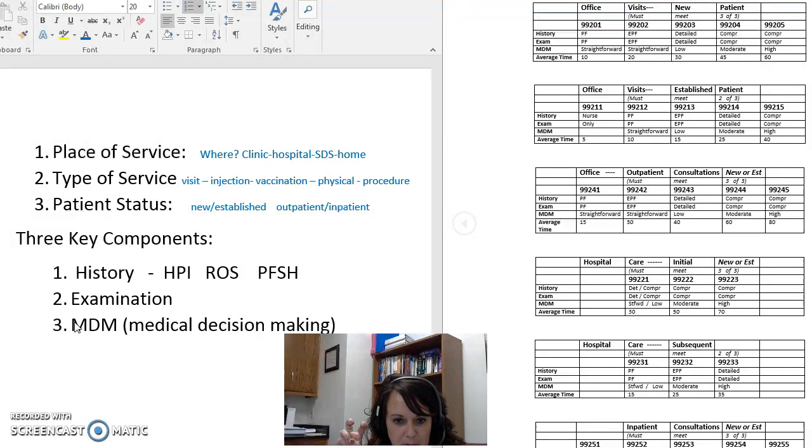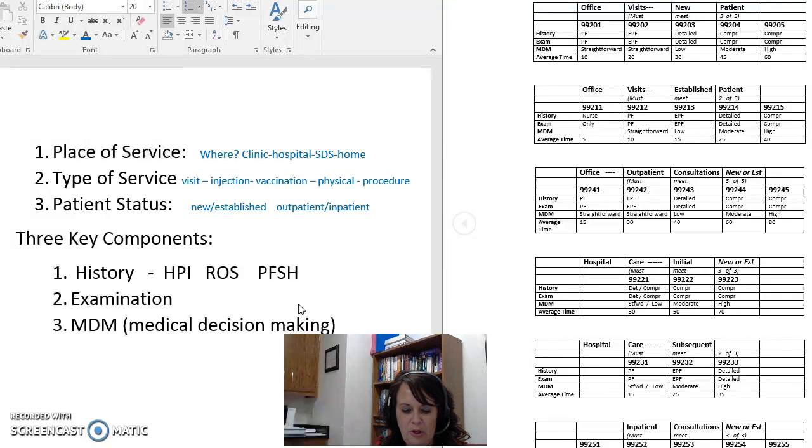If you didn't read the E&M notes or watch that video, you will make note of these. We need 3 of 3 key components noted. So we need to meet or exceed the level of history, meet or exceed the level of examination, and meet or exceed the level of medical decision making for office or other outpatient visits for new patient.